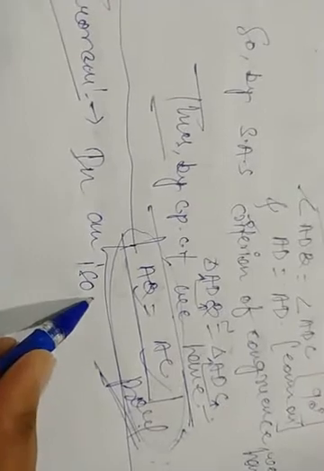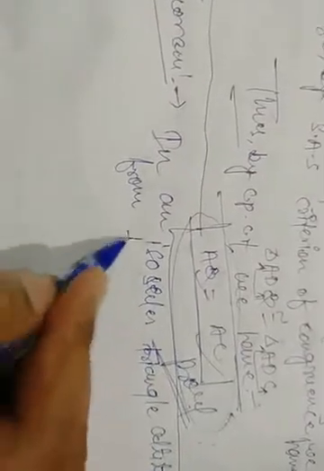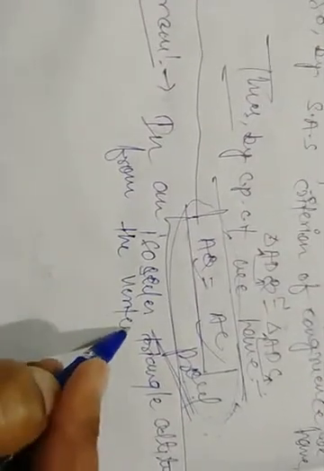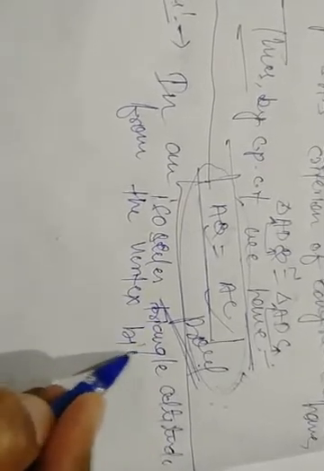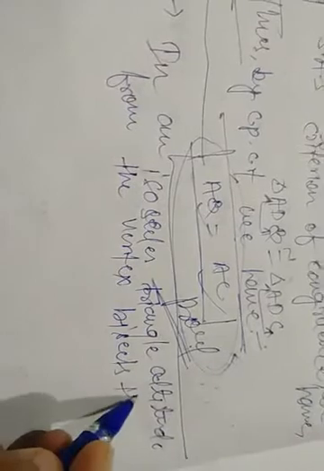Similarly, we take another theorem of your NCERT exercise, and this theorem is for you: in an isosceles triangle, the altitude from the vertex bisects the base.